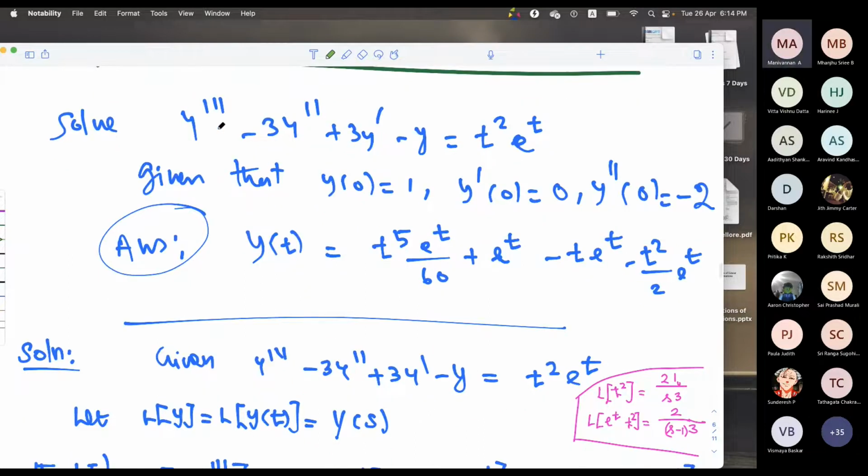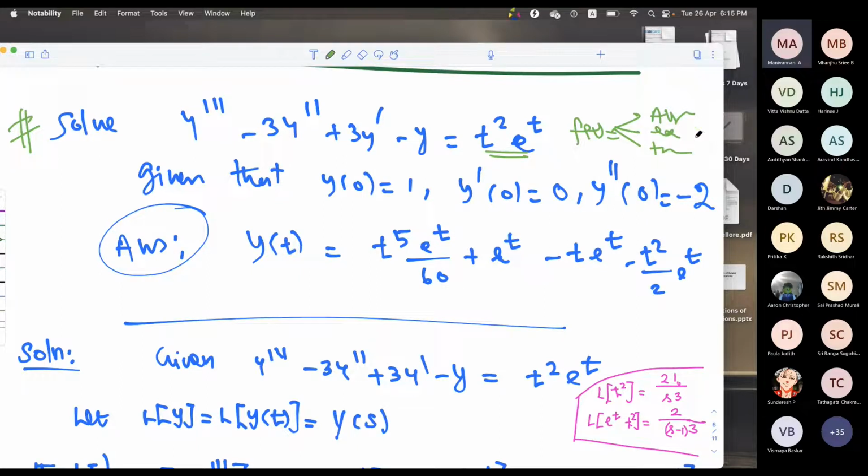Now, it's a third order differential equation. And if you look at this problem, it is something special because the non-homogeneous term contains a product of an exponential and t, right? Yes, sir. This f of t can be of any form: algebraic, exponential, trigonometric functions, anything.